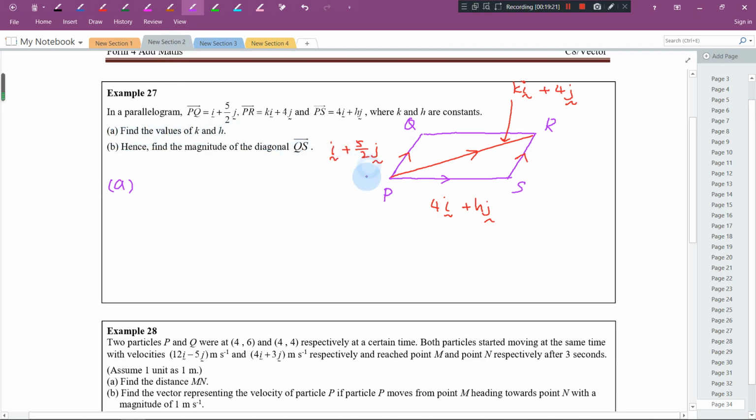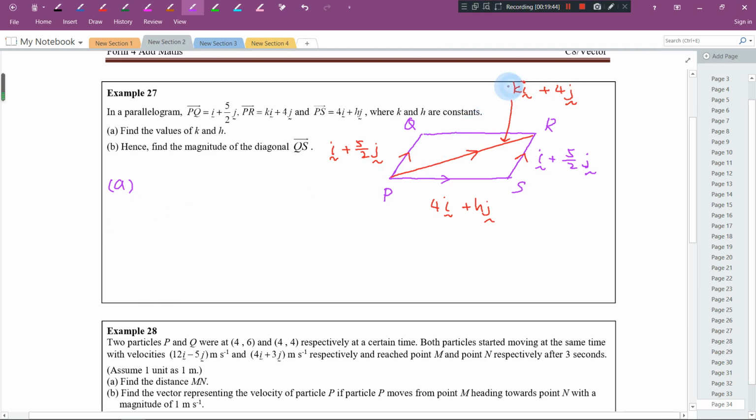Find the value of k and h. This is i plus 5 over 2 j, so I know here must be the same thing, because this is a parallelogram. Now PR given here is ki plus 4j.